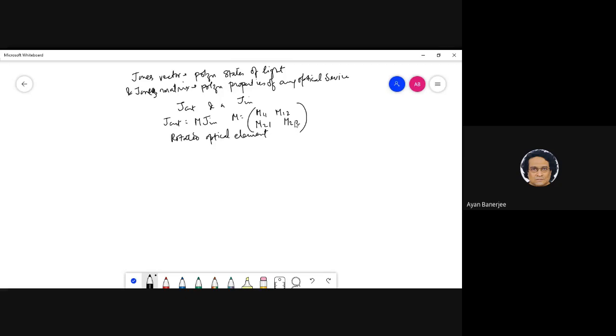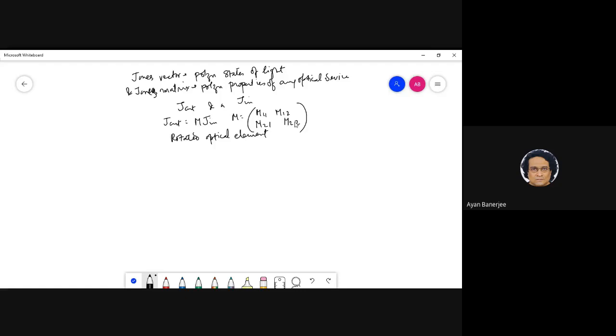the Jones matrix for the polarizer which is along the y-axis, or at 90 degrees. Your input will be 1 0 and your output will be 0 0, so you can just say what the Jones matrix for the 90 degree polarizer will be.